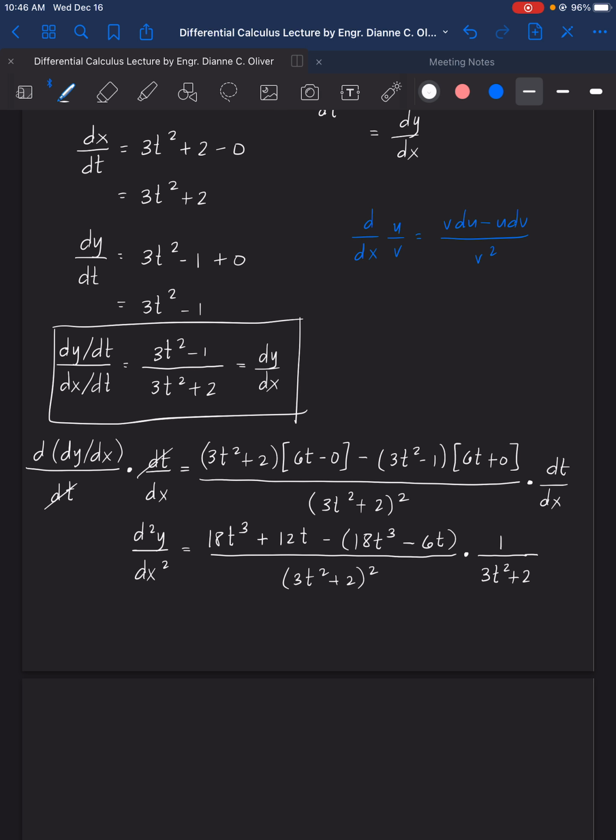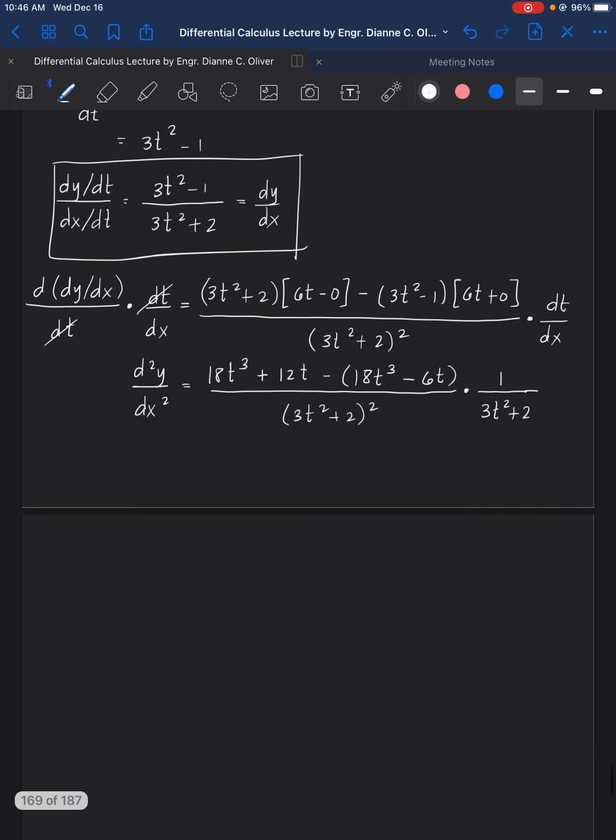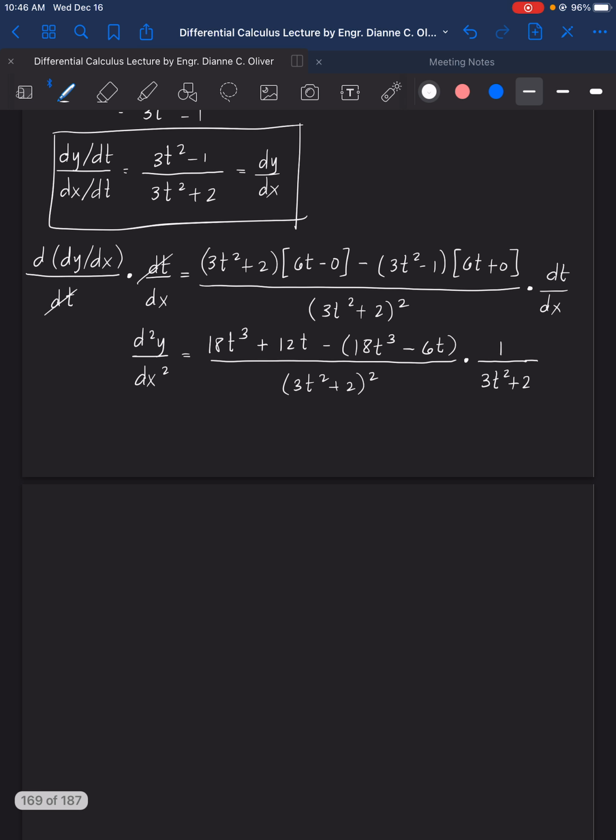Okay, so we continue here. This is equal to 18t raised to 3 plus 12t minus 18t raised to 3 plus 6t, all over, since we have this multiplied with this one, we will have the value (3t squared plus 2) raised to 3.